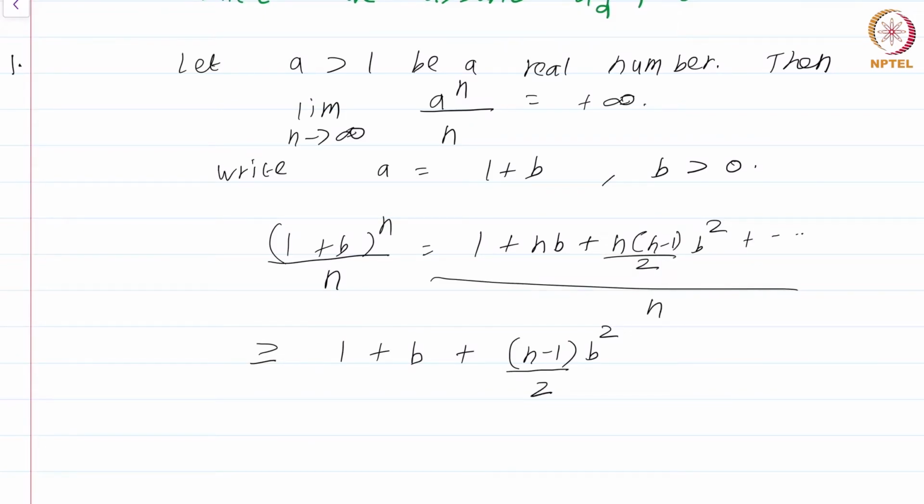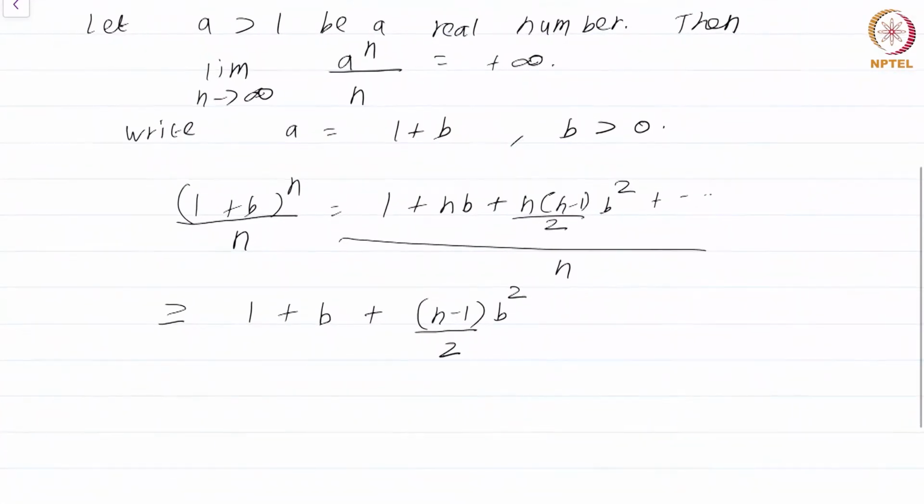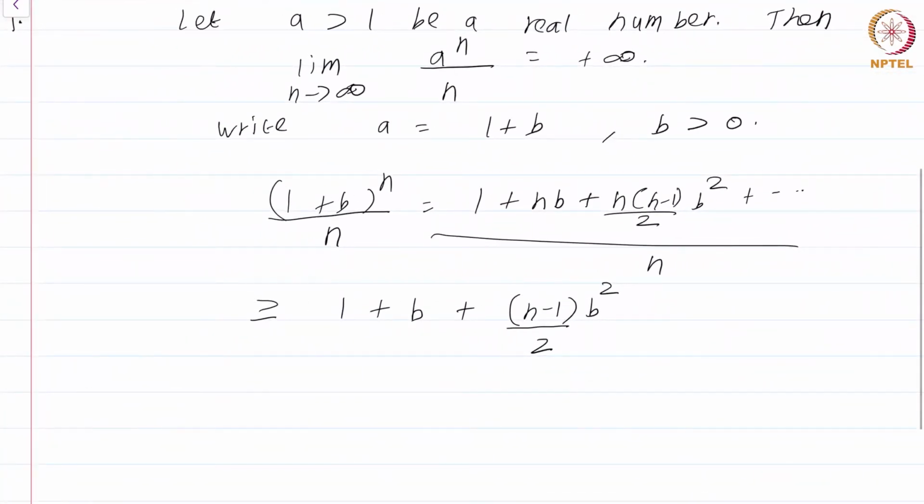So I'm ignoring all the other terms. Okay, and I'm allowed to do all this because every single term here is positive, and this is certainly going to be greater than or equal to (n-1) b^2 / 2. Okay, and this last thing diverges to plus infinity. Okay, so this shows the claim.